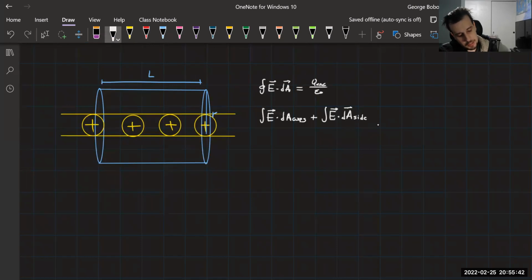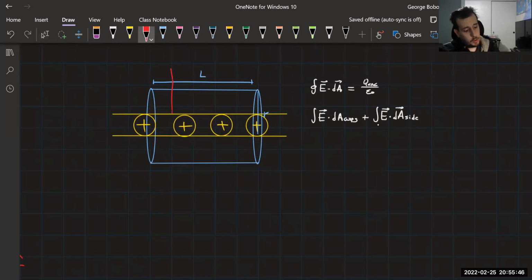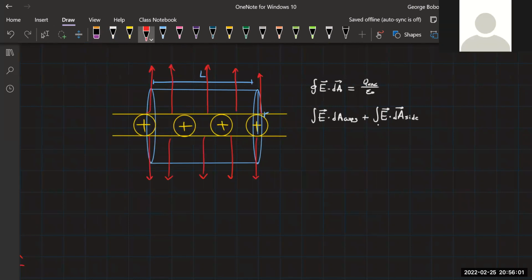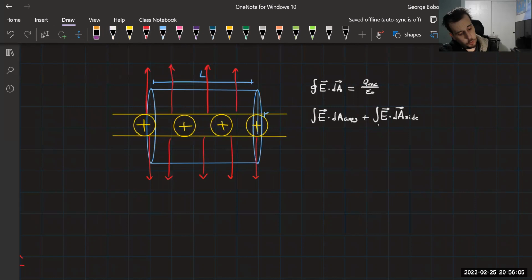So you see what's up, right? The electric field right now is going this way. Is it ever going through the caps, Kelly? Tell me if we ever get the caps to experience an electric field flux right now from what you see. No. So that means this integral is 0.